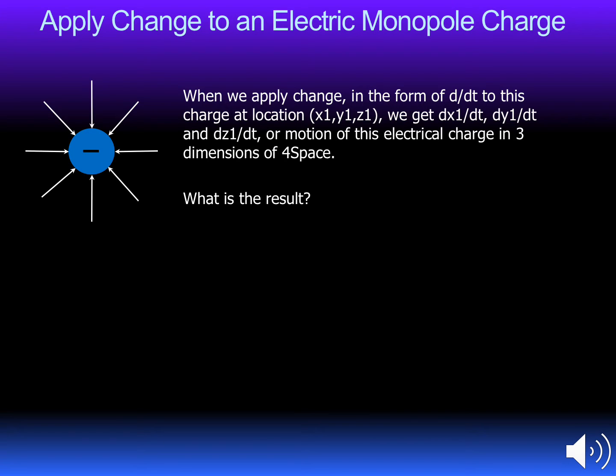Now, what happens when we apply change in the form of time to an electric monopole charge? When we apply change in the form of a derivative, d/dt, to a charge at a location x1, y1, z1, then we get dx1/dt, dy1/dt, and dz1/dt, or the motion of this electric charge in 3 dimensions of space.